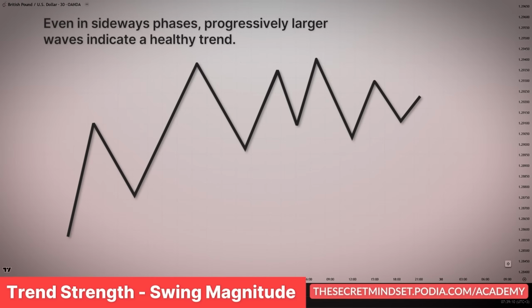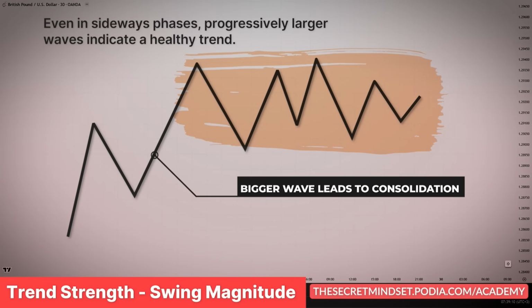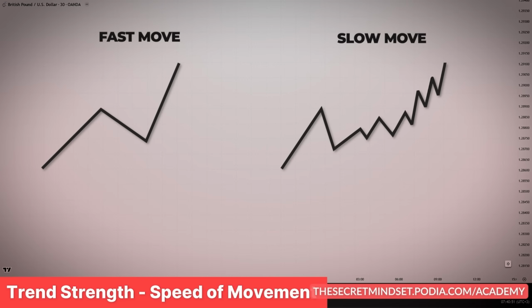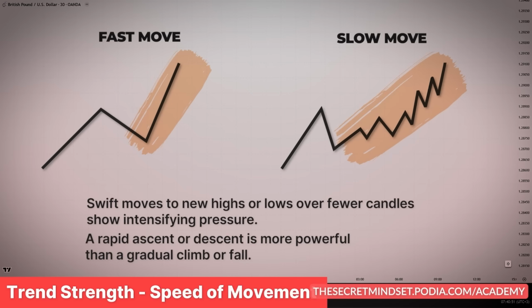So even if the market has entered a sideways phase, seeing progressively larger waves suggests the current bigger trend may still be healthy. Speed matters too. A swift move to new highs or lows over fewer candles is more powerful than a gradual climb or descent. It's a sign of intensifying pressure driving the price.